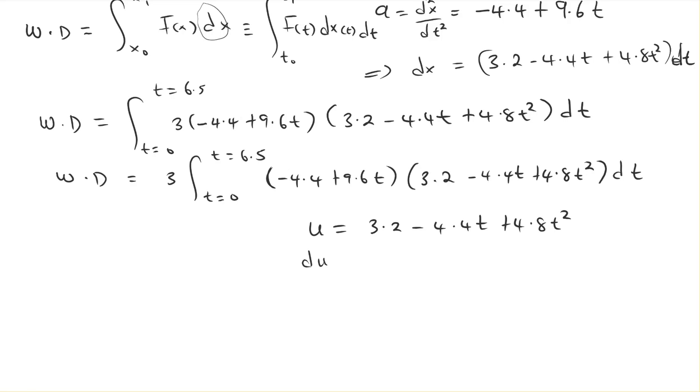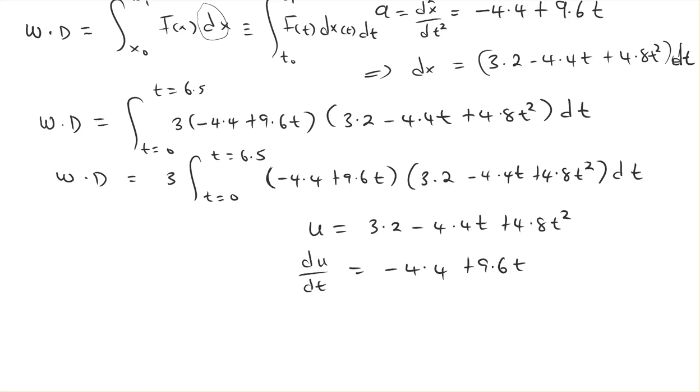If we take the derivative of u with respect to t, we would have negative 4.4 plus 9.6t. And you can see this is what I was referring to. The derivative of this term gives you this term.